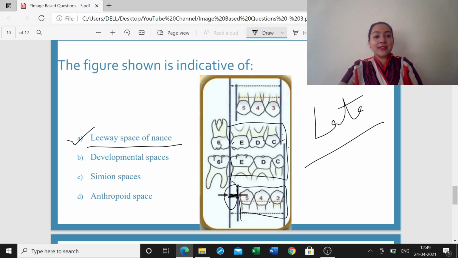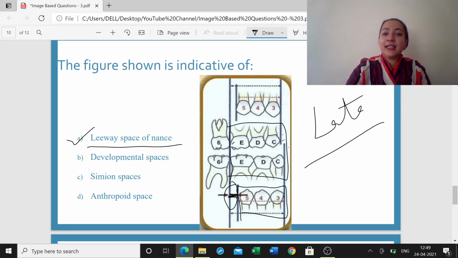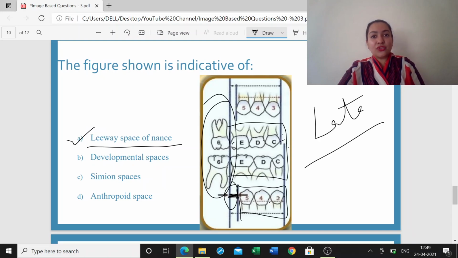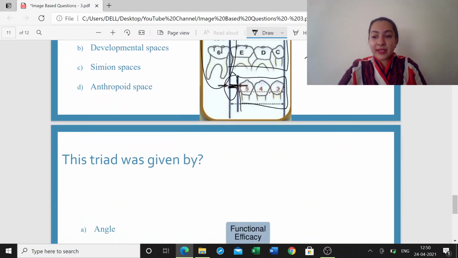Early mesial shift is utilized by the primary spaces or simian spaces, which is present mesial to the upper canine and distal to the lower canine. But late mesial shift utilizes your leeway space of Nance to make sure that class 1 molar relationship is obtained. So this figure is indicative of leeway space of Nance.